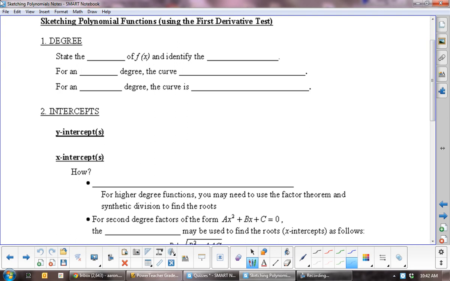Now, when you draw a graph, the first thing you want to look at is what's the degree, okay? So you want to state the degree of f of x and identify the shape of the curve.